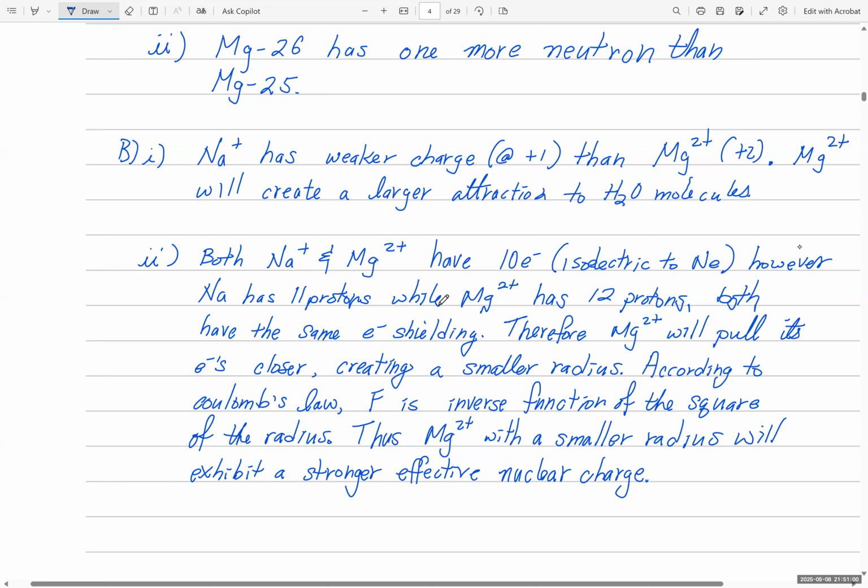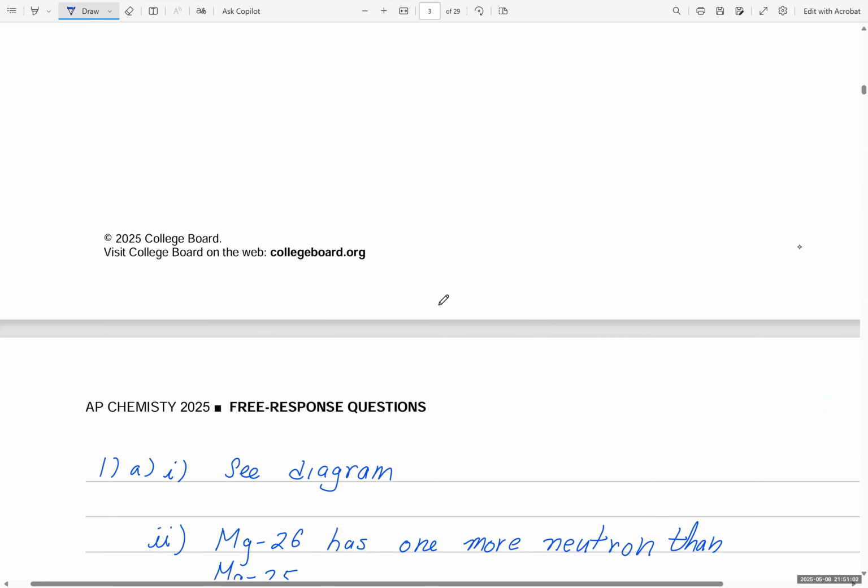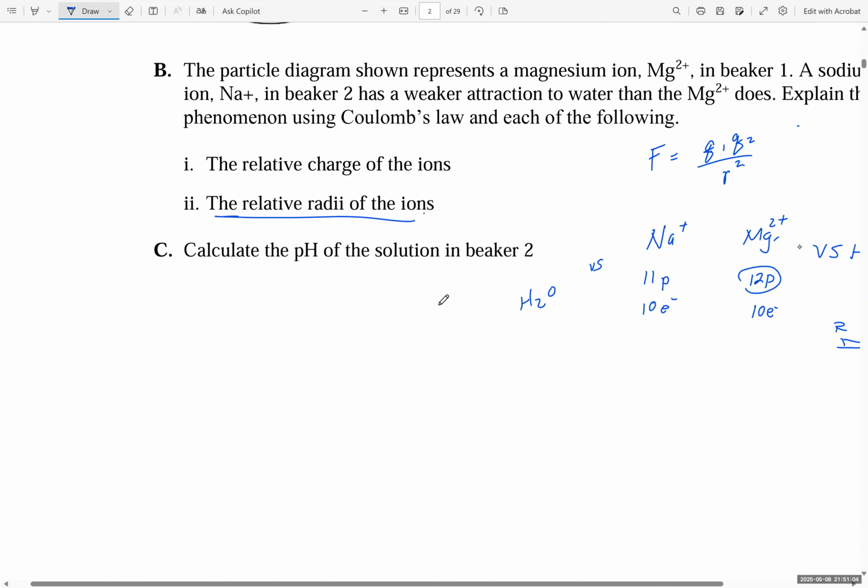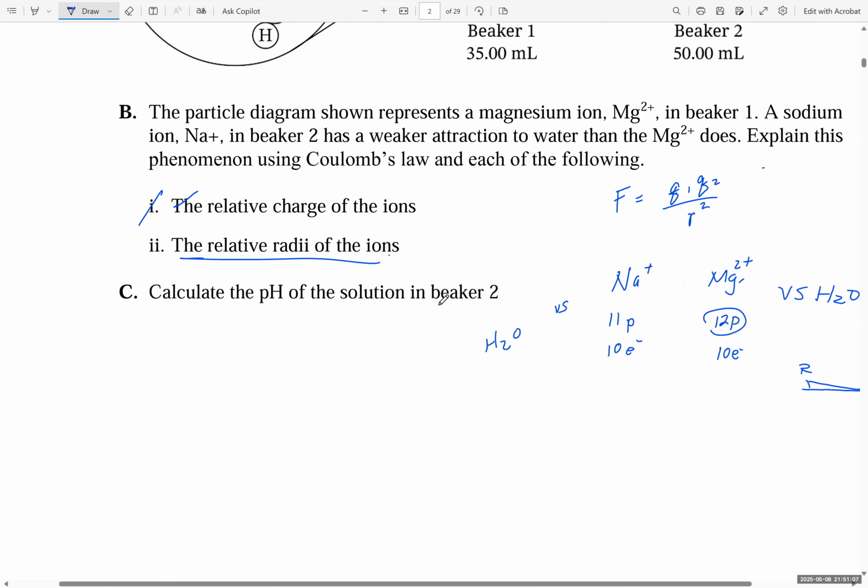Okay. All right, that's B2. Let's keep going. So B1 is done, B2 is done.